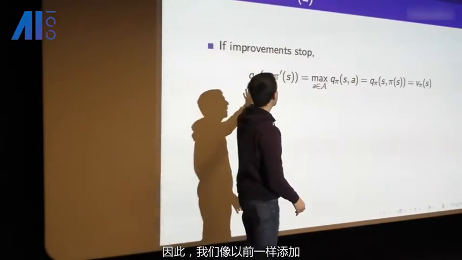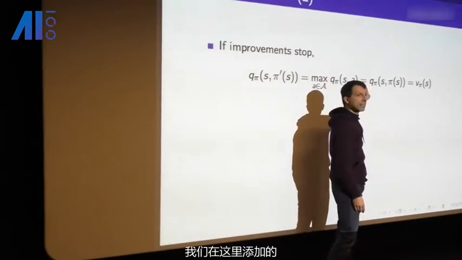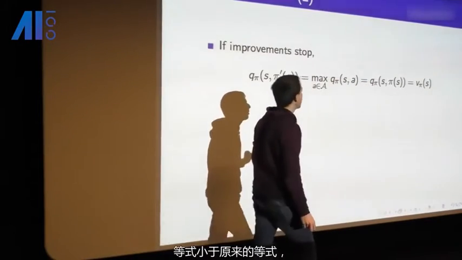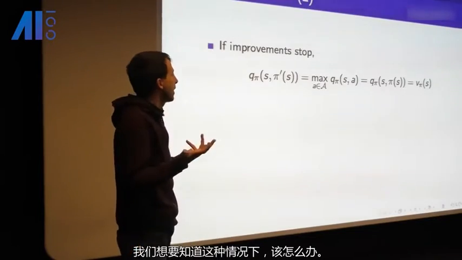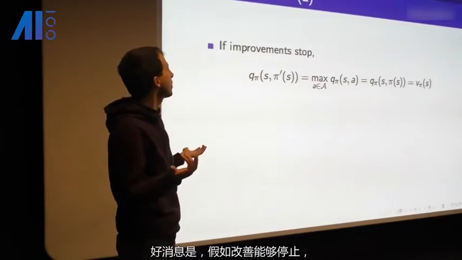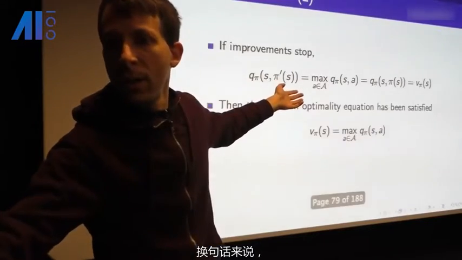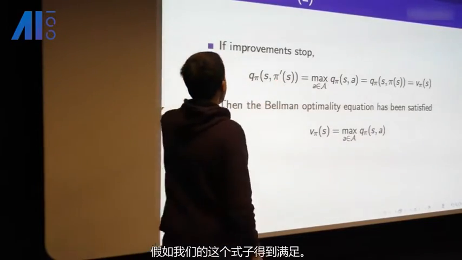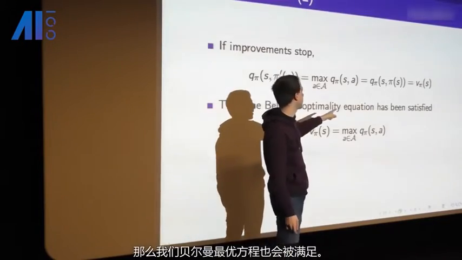So we're just going to plug in. It's the same equation we had before, but now we're going to plug in equality instead of this less than or equals. And we want to know, what do we know about this? The good news is that if improvement stopped, then we've just written out the Bellman equation. In other words, if this thing is satisfied, then we have satisfied the Bellman optimality equation.